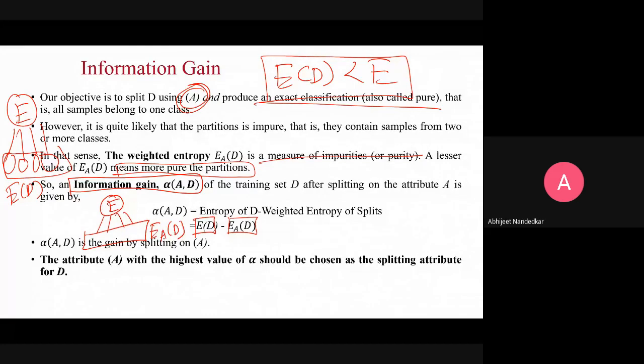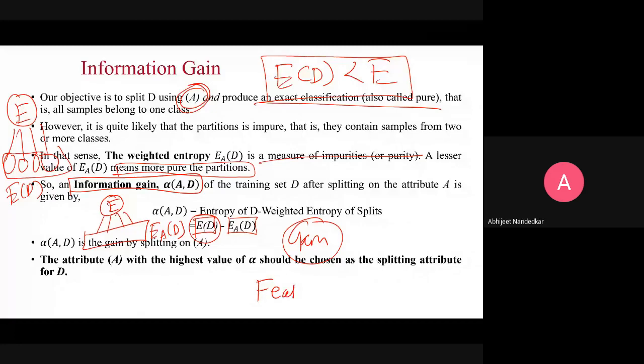Then E(D) minus E_A(D) is the gain. Okay, so you will have positive gain when the root node entropy is more than the children nodes' entropy.